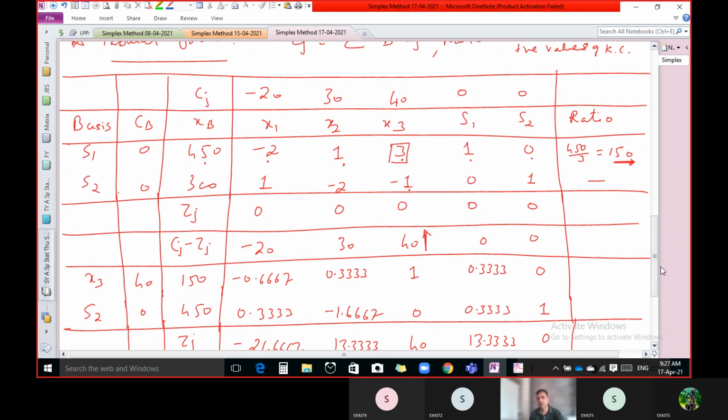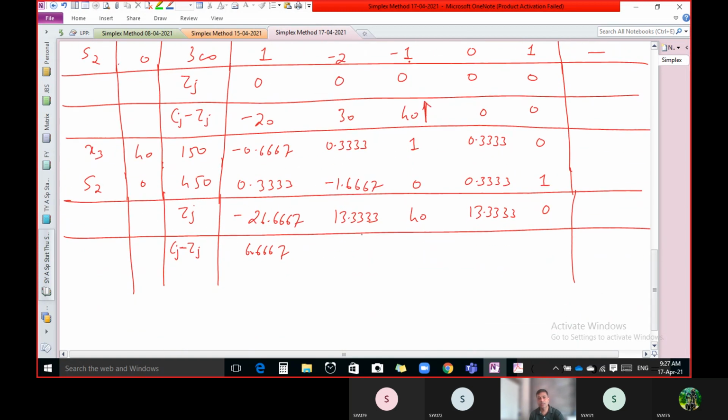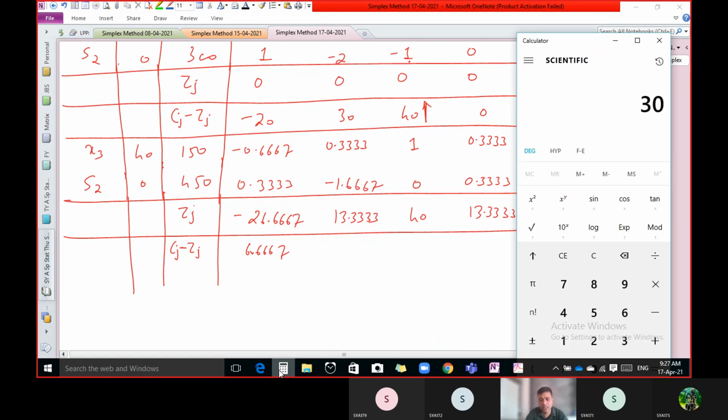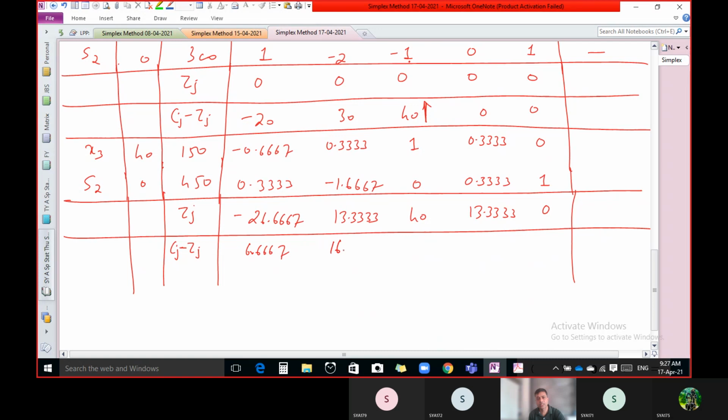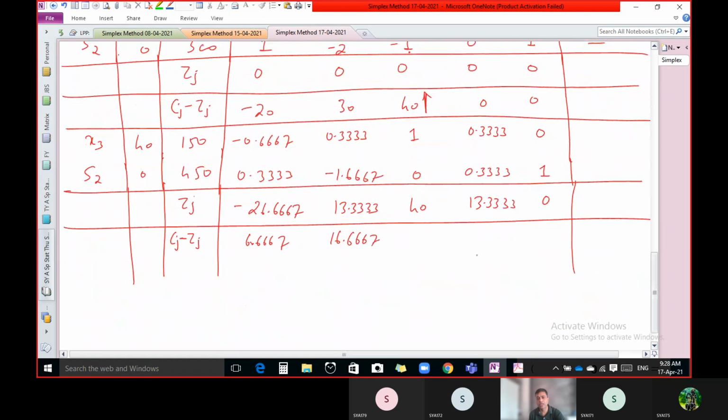This is 30. 30 minus 13.33333. So we get 16.66667. Then 40 minus, see the value, that is 40. So we get 0 here. Then here Cj is 0. 0 minus this minus 13.33333, and 0 minus 0 is 0.